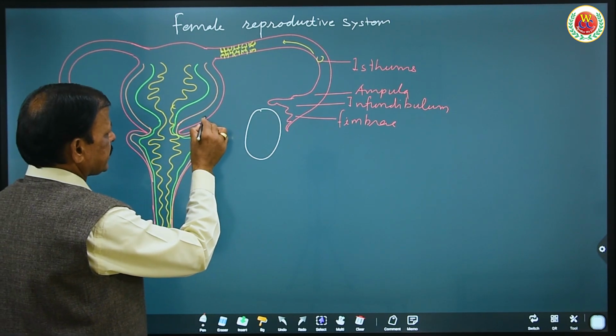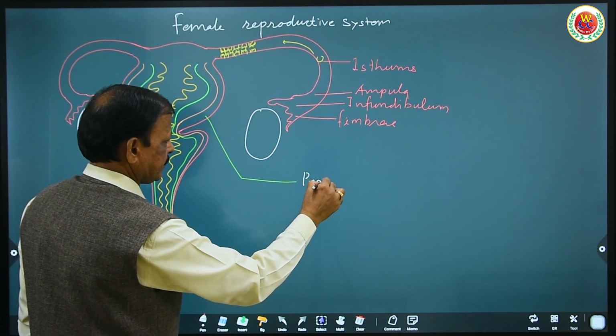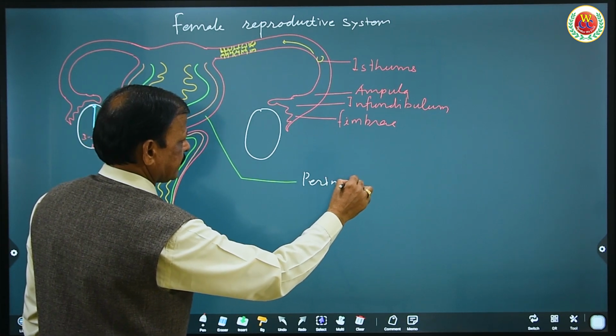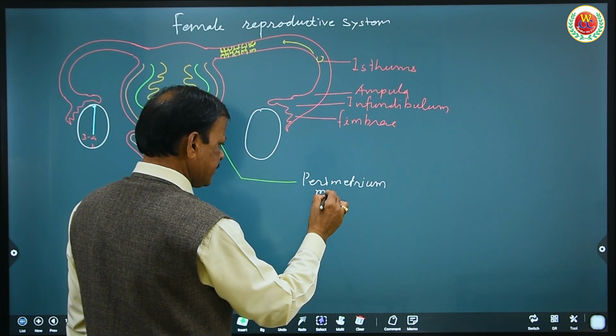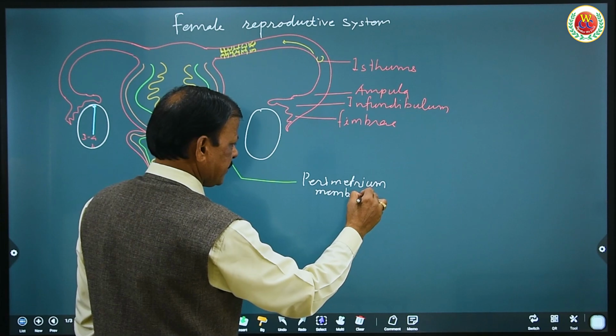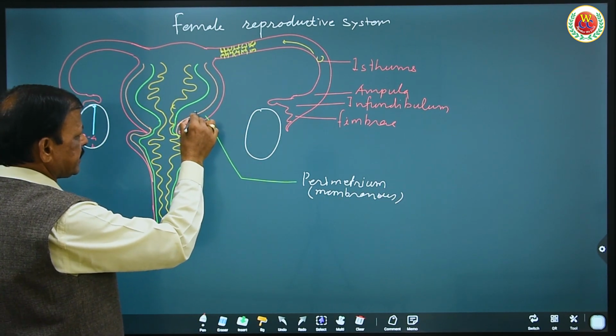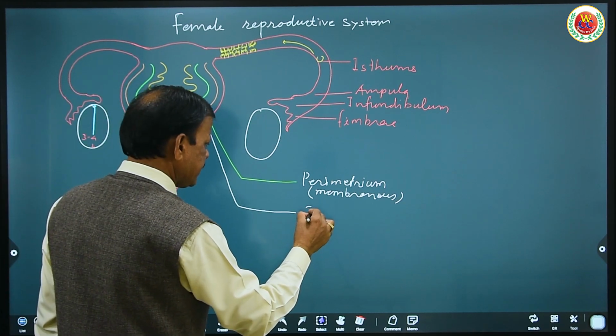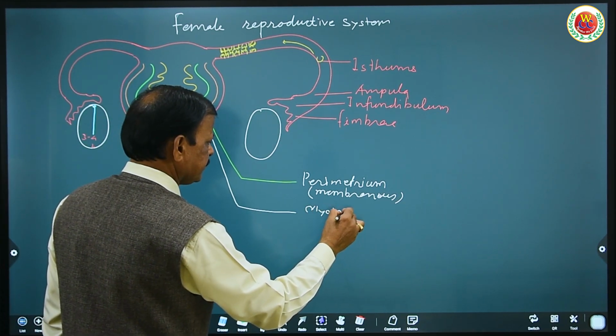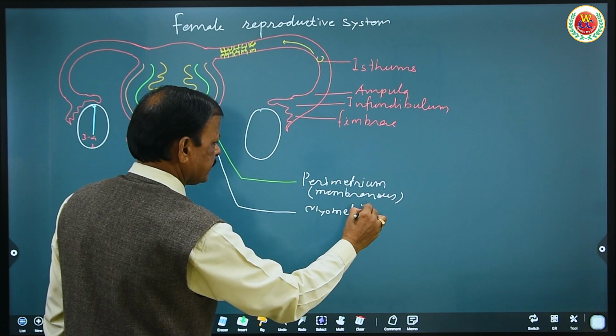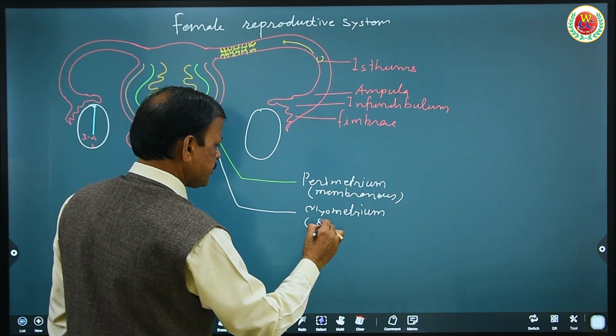To label: the perimetrium is membranous. Another is the myometrium, which is made up of smooth muscle.